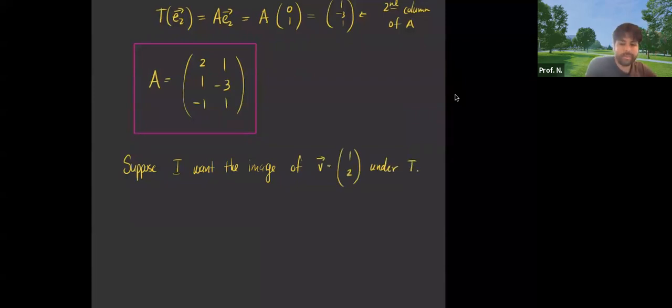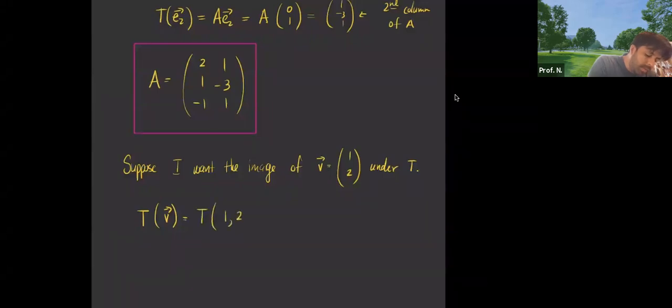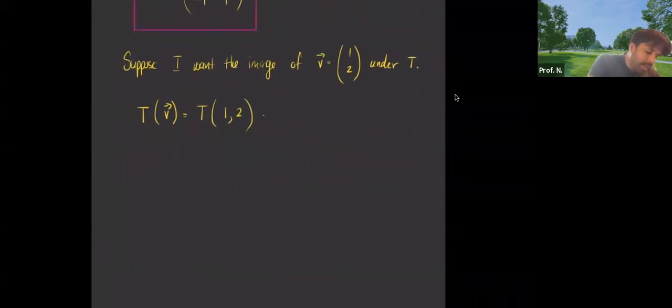So I'm going to apply T to the vector V, which is T of 1, comma 2. What this now means is I can do this in two ways.